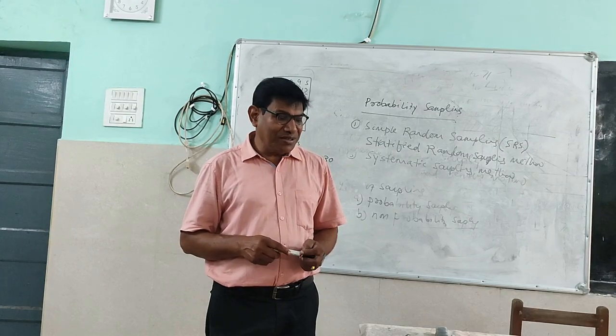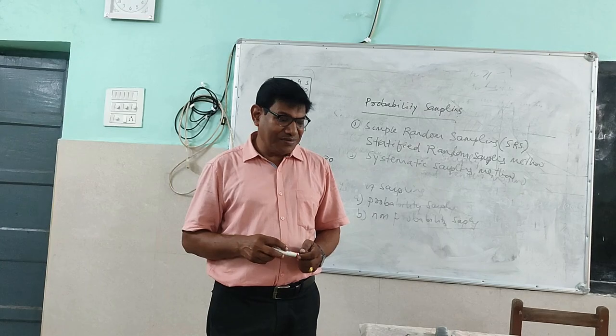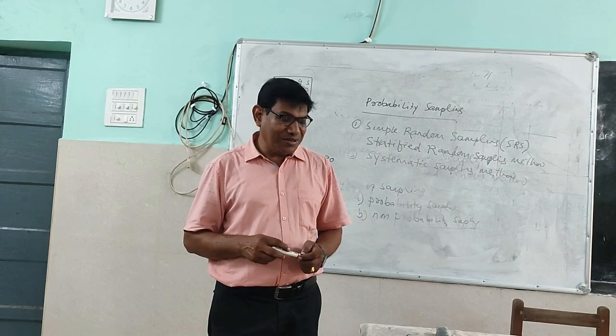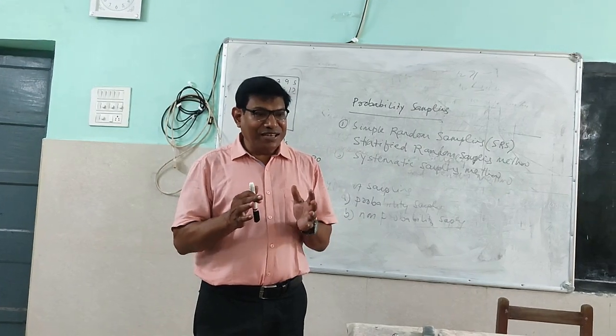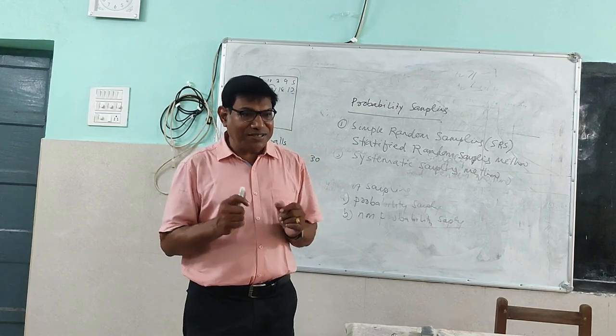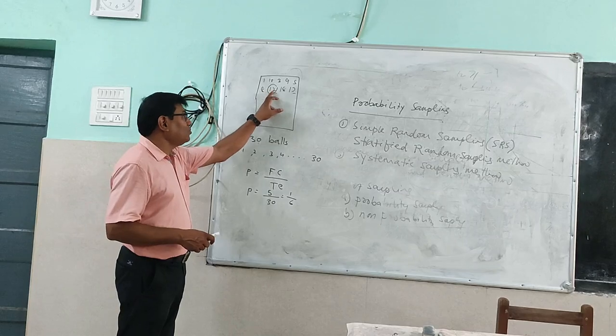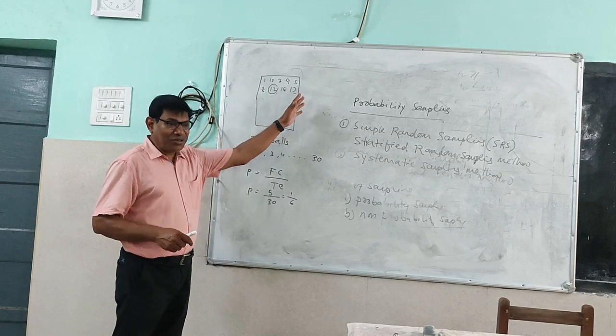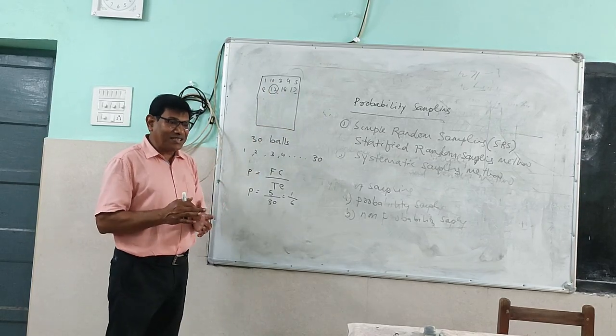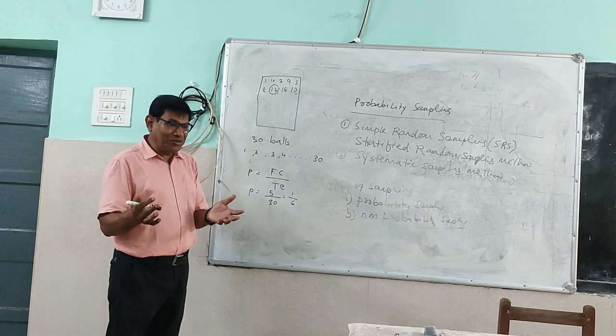So that means we are selecting samples without any choice or prejudice. Randomly numbers are written. Suppose 12, next 12, 17, 60. Once numbers are selected, they will be used as the sample.